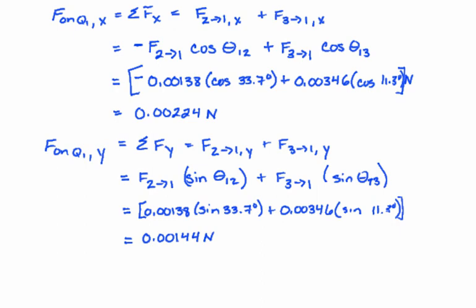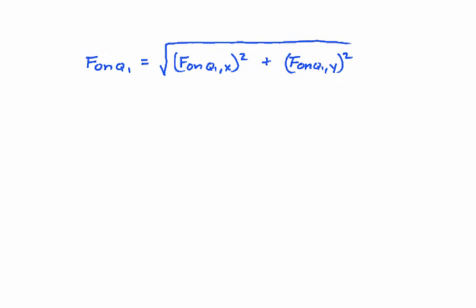Now we need to take these two vector components and combine them to find the total magnitude and direction of the force on Q1. So just like you've done before, I'll go through as an example. The total force on Q1, it's going to be the force on Q1 in the x direction squared plus the force on Q1 in the y direction squared, everything square root.